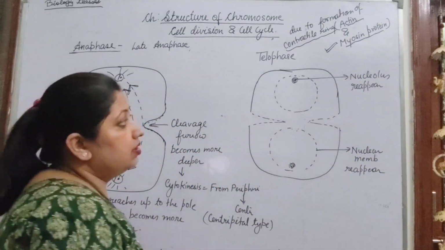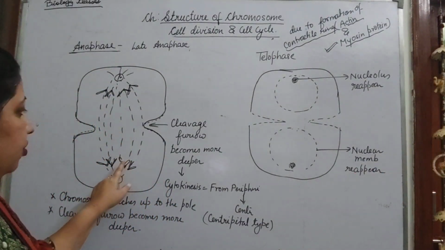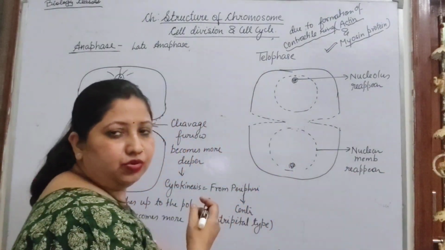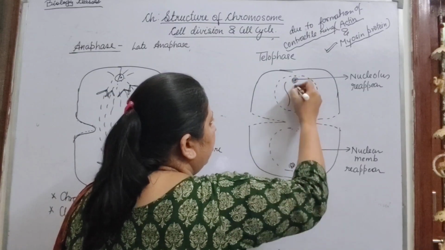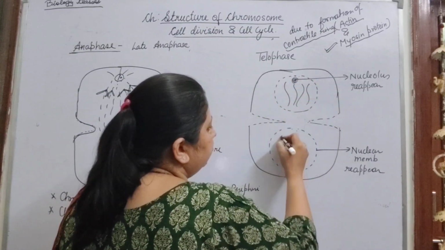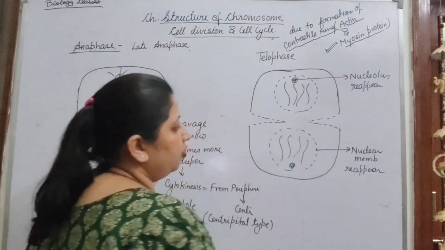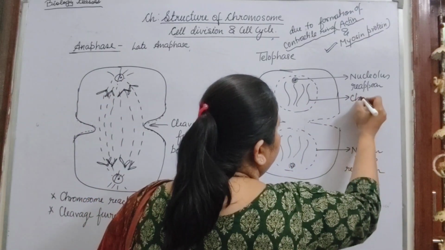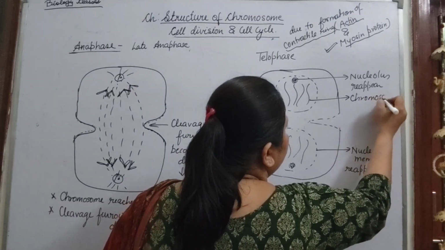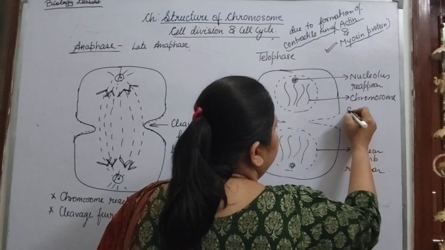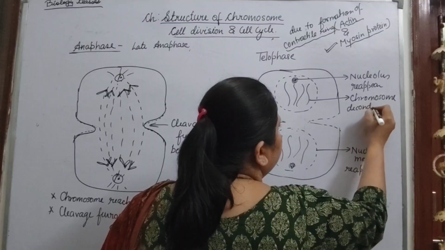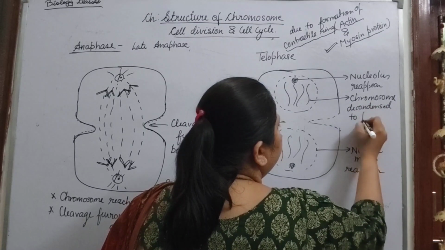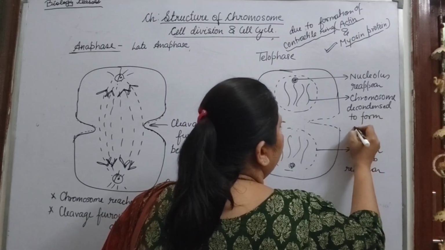Now the next change, this chromosome now thins out, अभी क्या होंगे, decondensed हो जाएंगे, so it becomes thin out as we have seen in the case of prophase. So this is the chromosome decondensed to form chromatin.